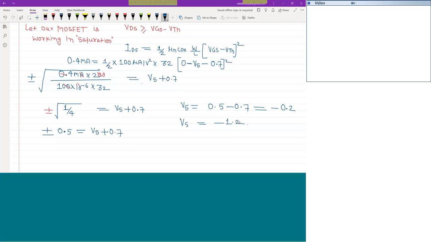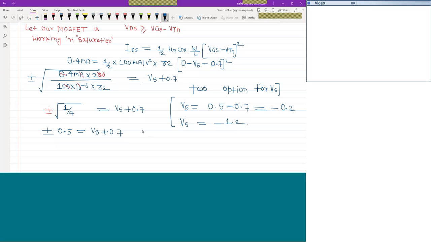Now I am interested in VGS minus VT. है ना, दो वैल्यू आई है मेरे पास. There are two options available for Vs.